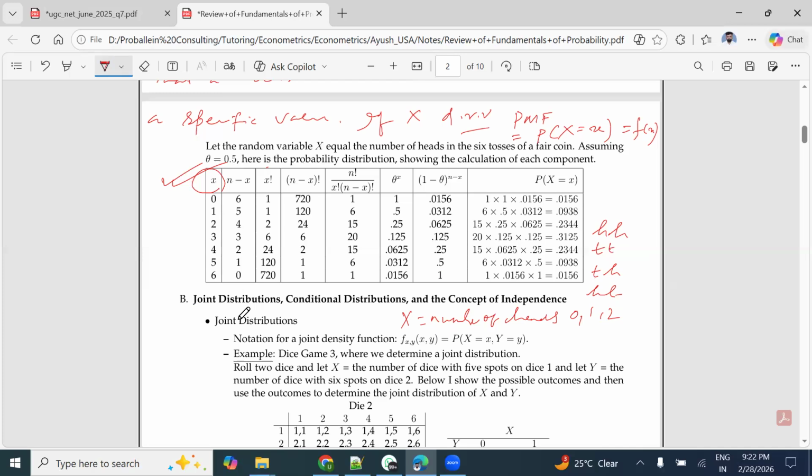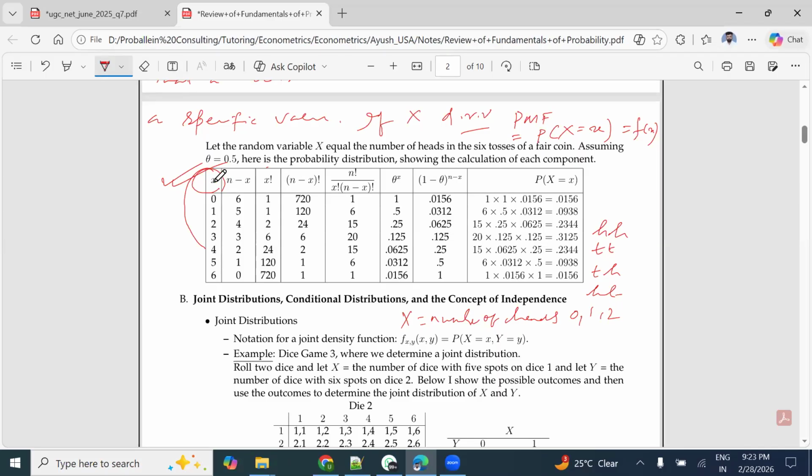Yes, sir. So when you do it like this, this is basically the probability distribution you are calculating. I have a doubt: the first column is small x and the last column is probability of X equal to small x. What does that mean? Are both the same or different, sir?